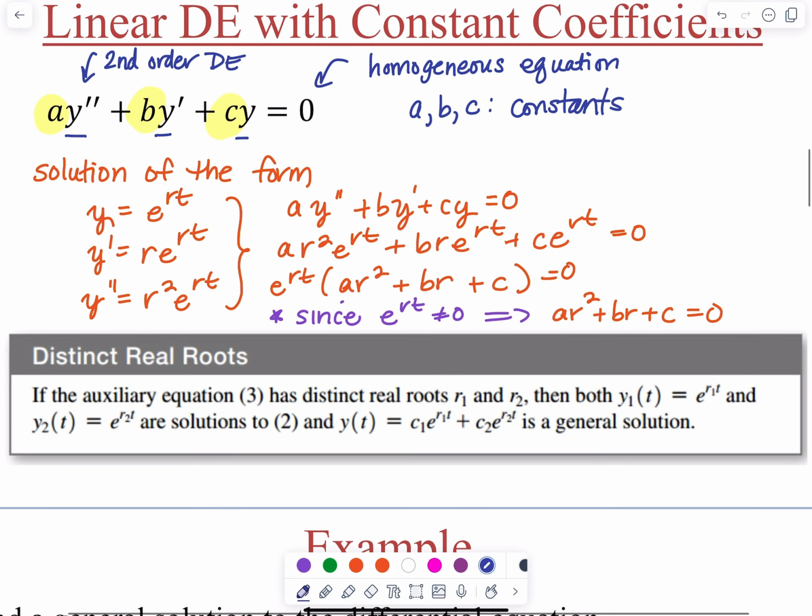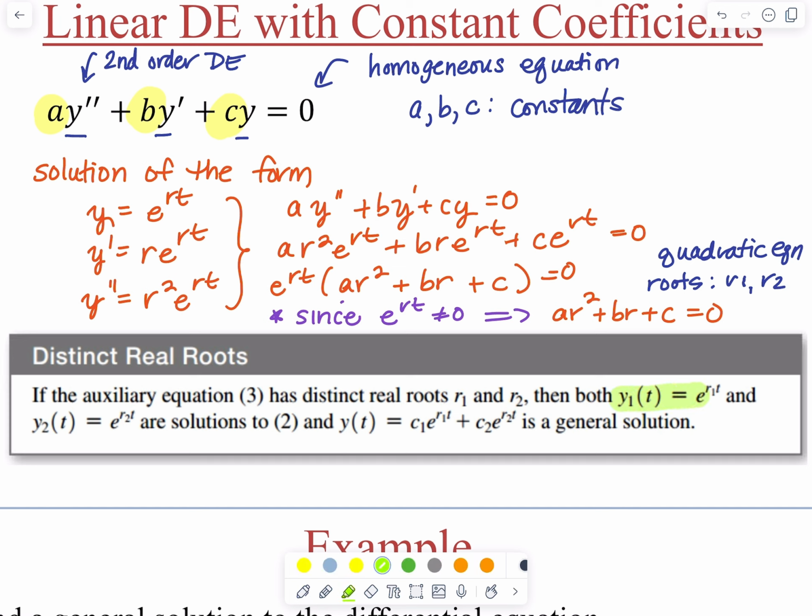And this is just a quadratic equation with roots r1 and r2. And that leads us to these solutions right here. y1 is e to the r1 t, and y2 is e raised to the r2 t.